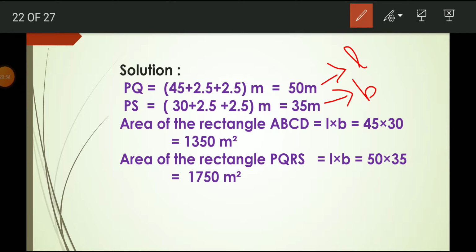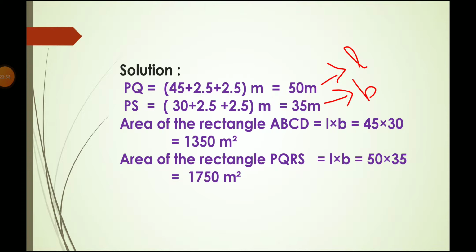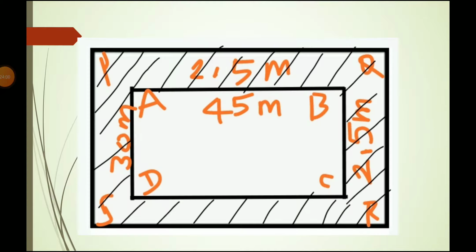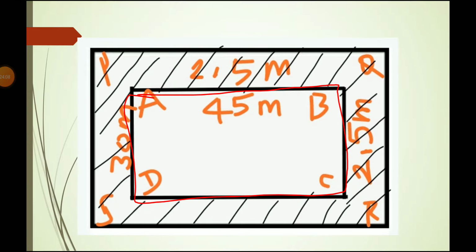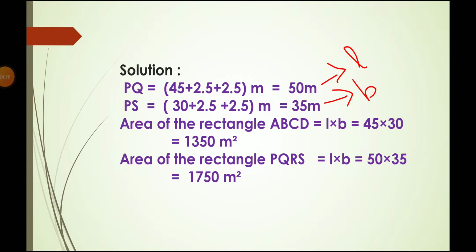So area of the rectangle ABCD. We are going to find out the area of the rectangle ABCD. The L value is 45 and the B value is 30. So we get 1350 meters square.